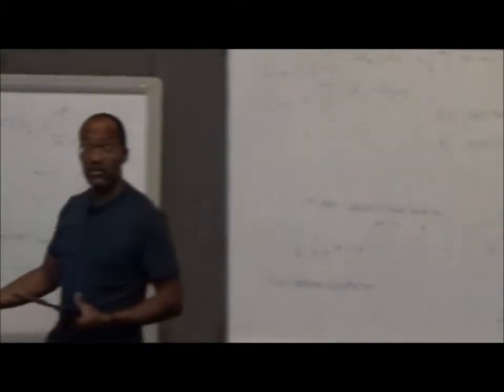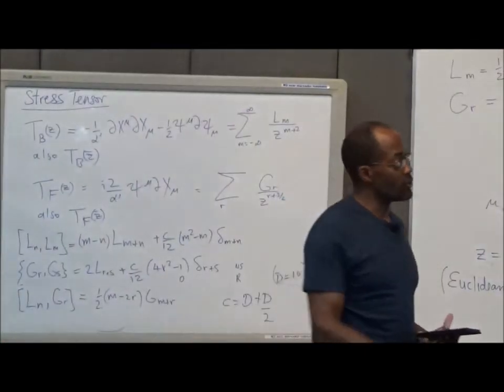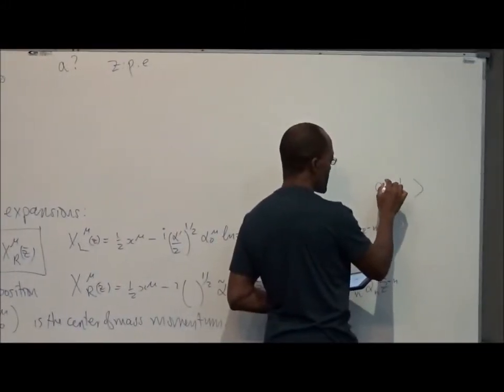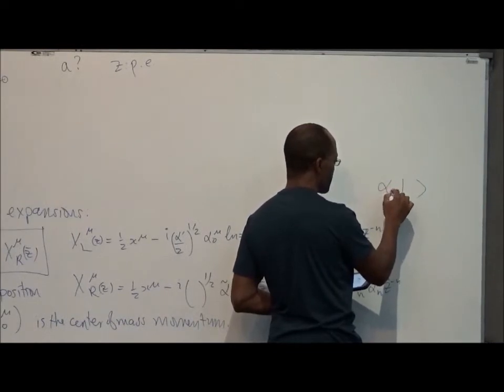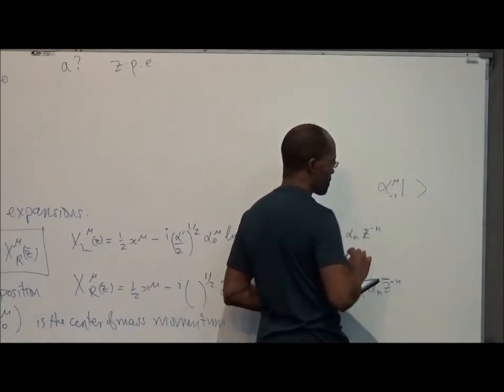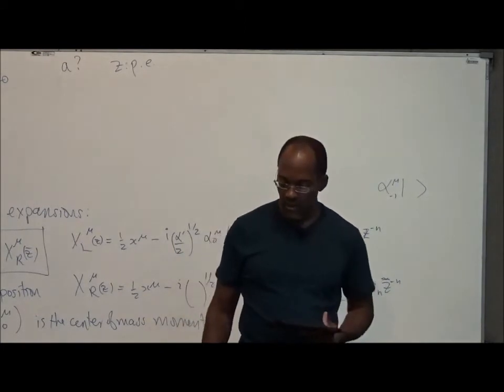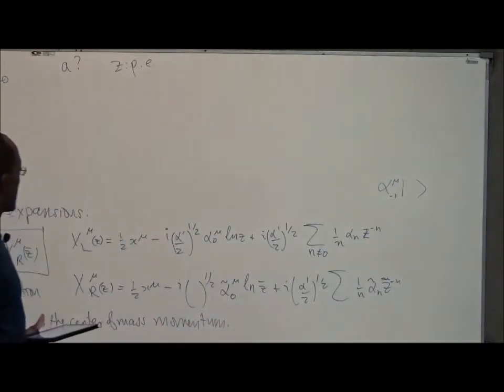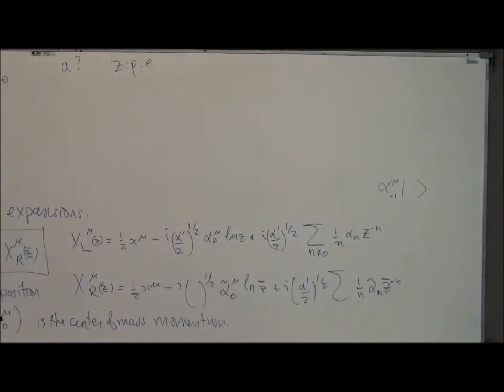You build states. We'll talk a little bit about some of the states. You have some vacuum state. You perhaps start building states of interest by acting with the various oscillators and so on and so forth.